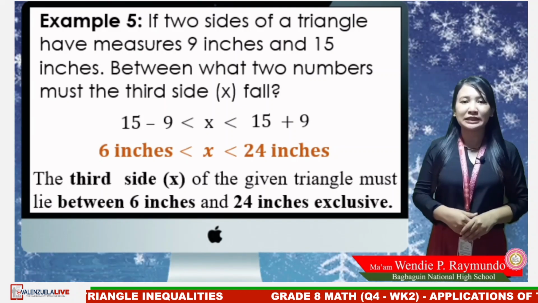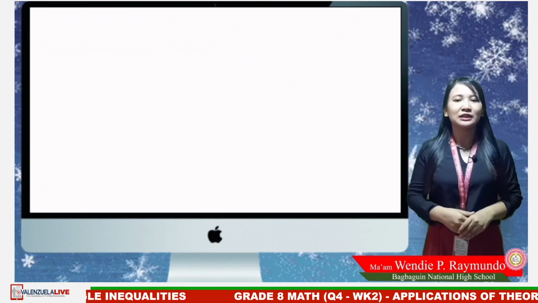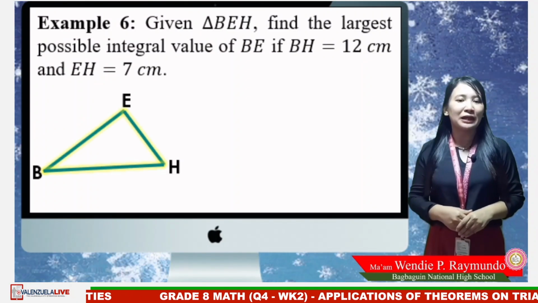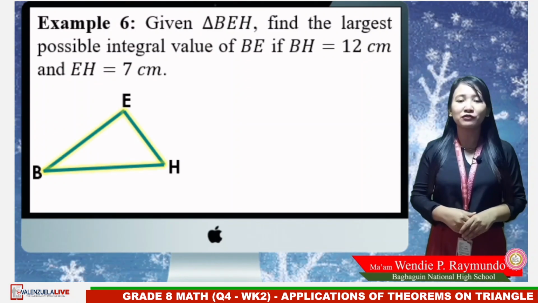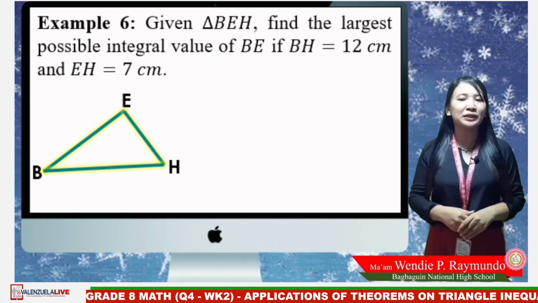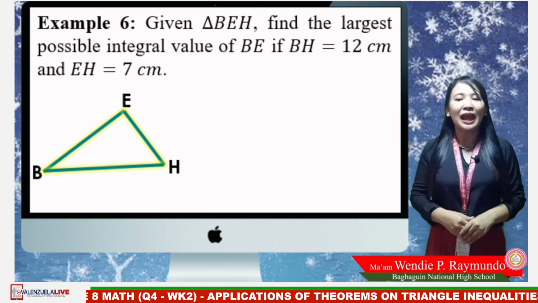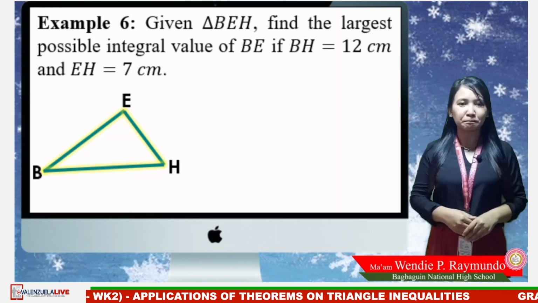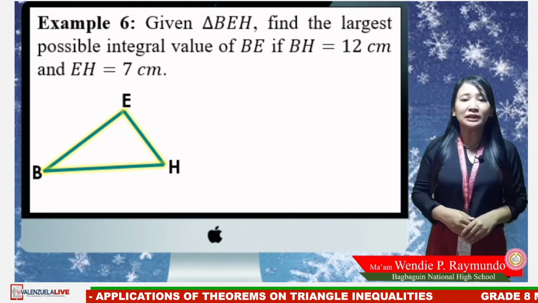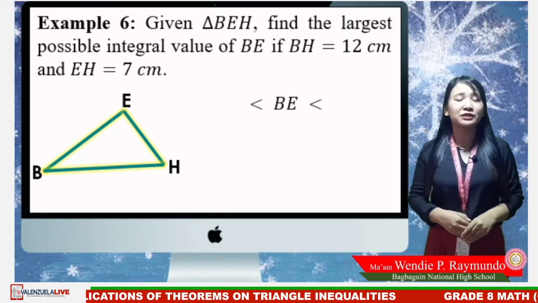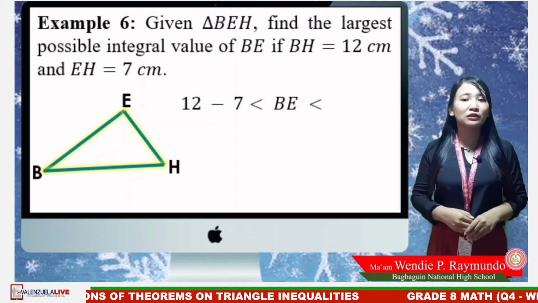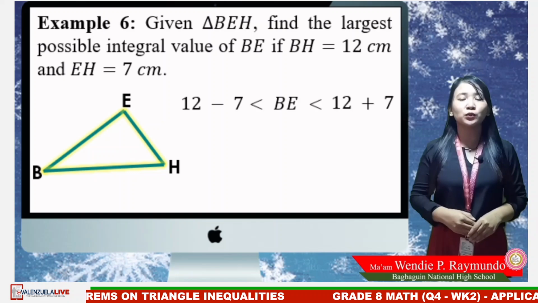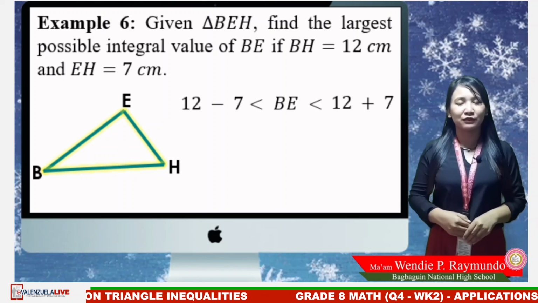Let's have another example. Given triangle BEH, find the largest possible integral value of the side BE if BH is equal to 12 and EH is equal to 7 cm. Side BE is greater than the difference of the two sides, 12 minus 7, and less than the sum of the two sides, 12 plus 7.